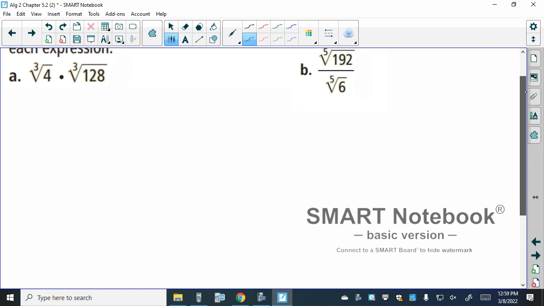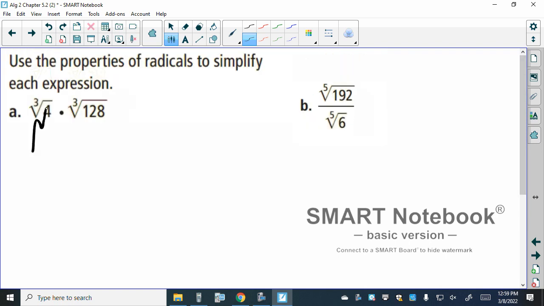In some of these, we could try plugging this into the calculator to see what we get. But if we use these properties, we could rewrite this as the 3rd root of 4 times 128, because we can simplify this to one radical.